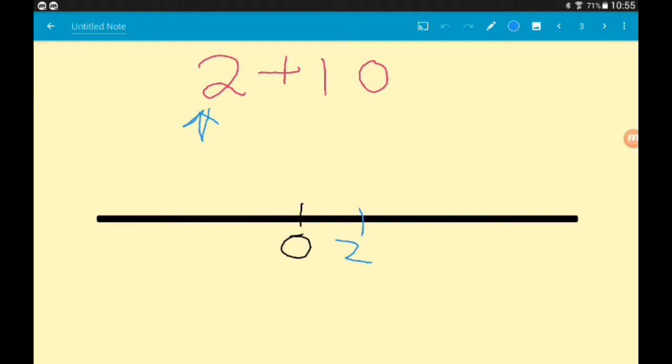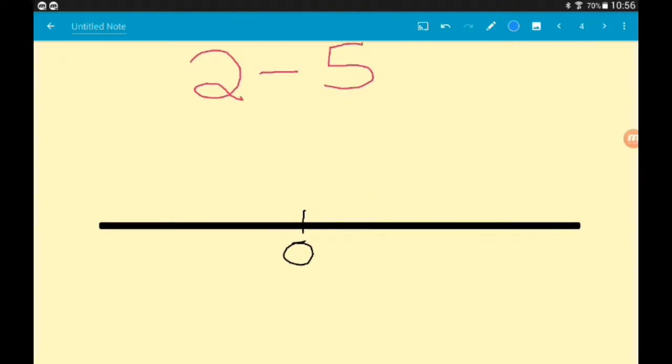It tells us where and how to move. So we got a plus 10. Now that tells me we're going to go 10 places to the right. So, as I said, it's a nice simple one. 2 plus 10, we all know, is 12. Well, that's a nice easy example to illustrate how we're going to be using our number line.